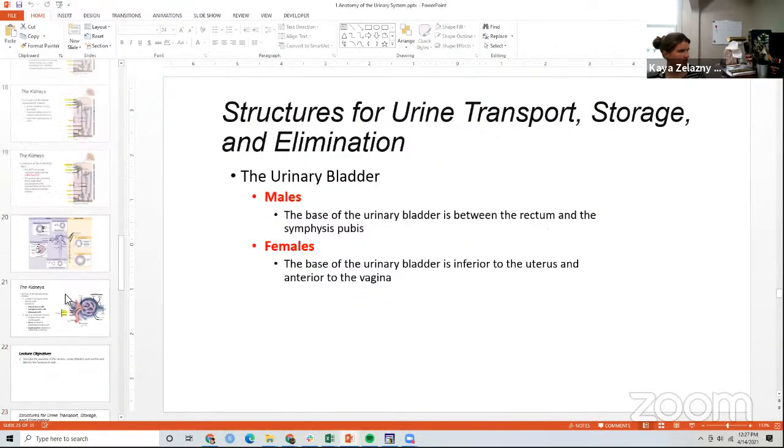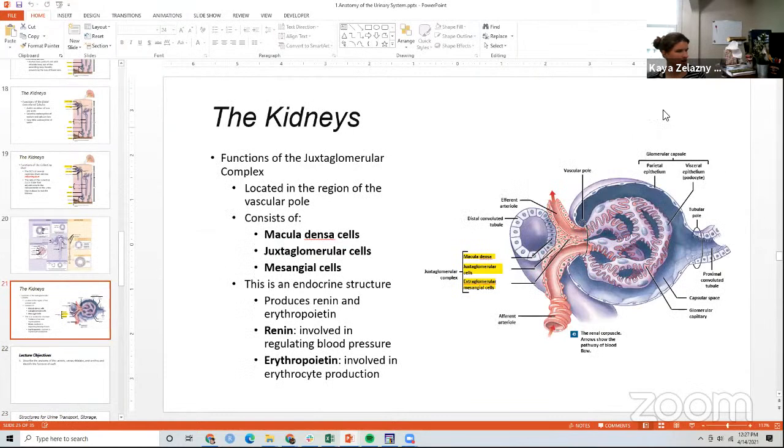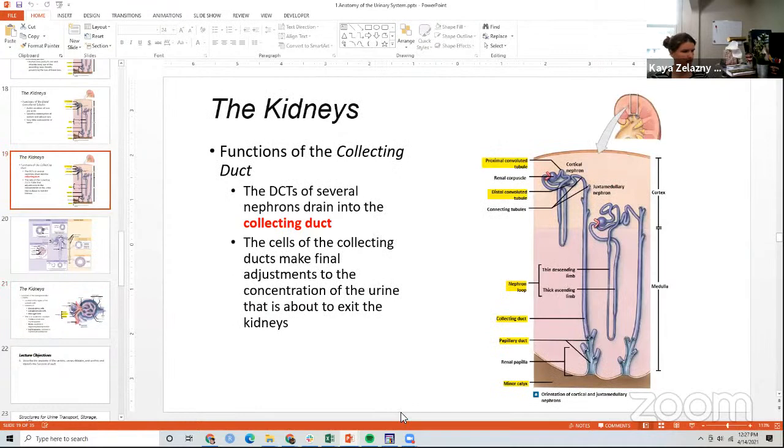So a unique part of the nephron is this region called the juxtaglomerular complex. So what we're looking at, maybe I'll zoom back out for a second, right? We're looking at this part where the nephron, right, our glomerulus, the capillaries coming through here.